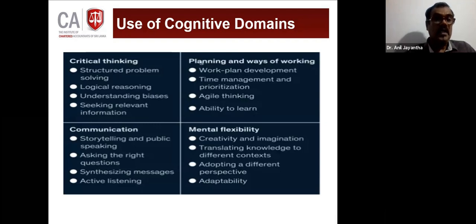So the critical thinking domain within the cognitive domain covers structured problem solving. In your strategic level examination, to some extent, questions are structured, not that much open. Therefore, this critical thinking is important. Logical reasoning really matters.